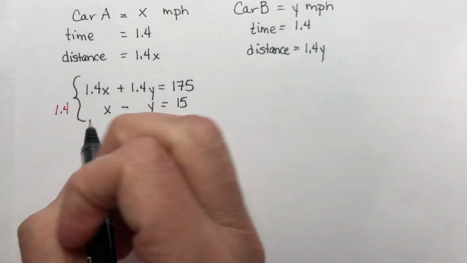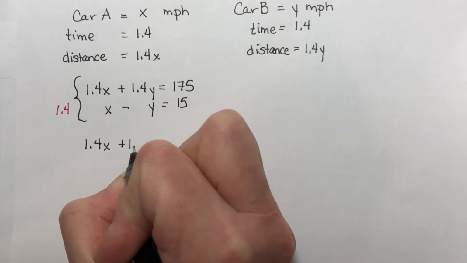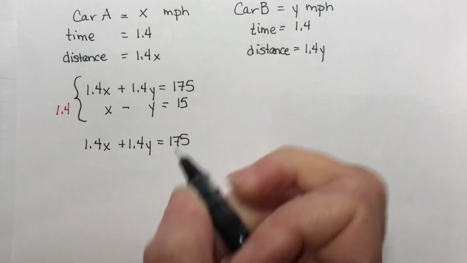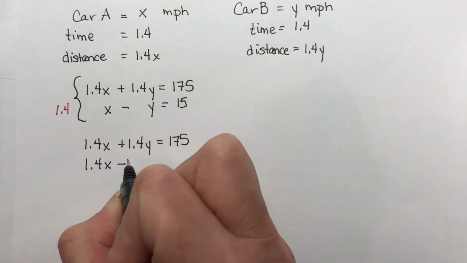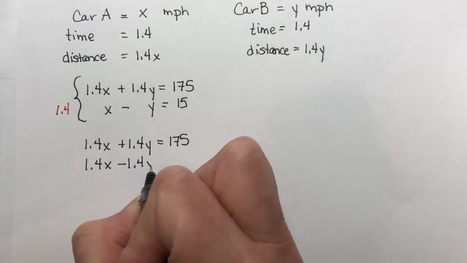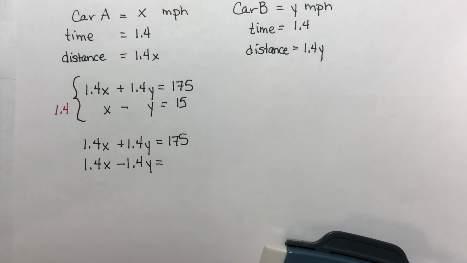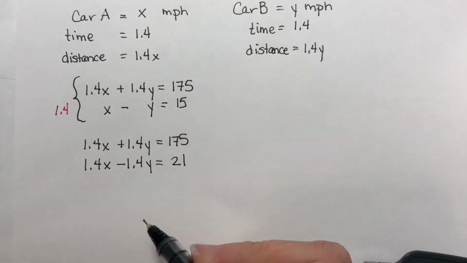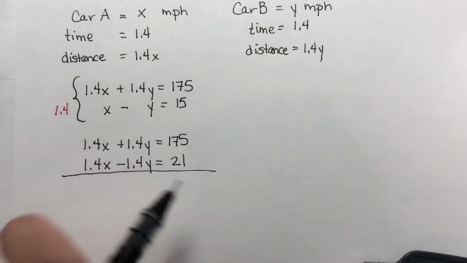My first equation stays the same. My second equation is 1.4x minus 1.4y is equal to 1.4 times 15, which is 21. Now let's add these together.